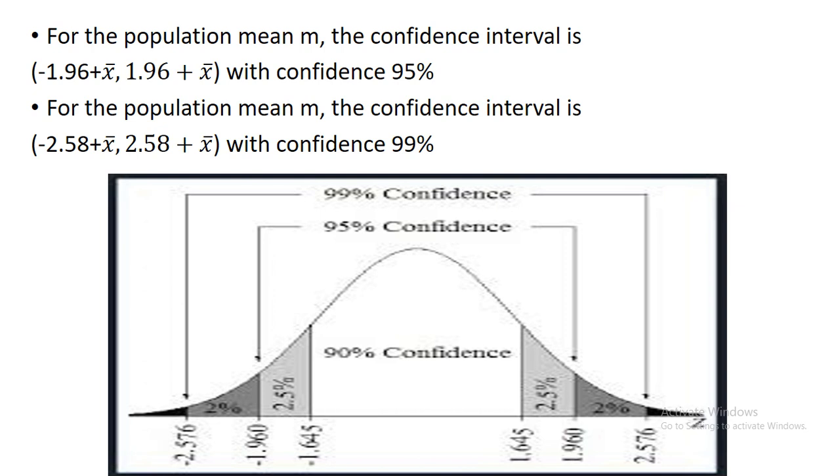Now, if you take 2 points, minus 1.645 to plus 1.645, 90% of the area has been covered. If you take another 2 points, minus 1.96 to plus 1.96, 95% of the area is covered. And again, if you take minus 2.576 to plus 2.576, 99% of the area will be covered.